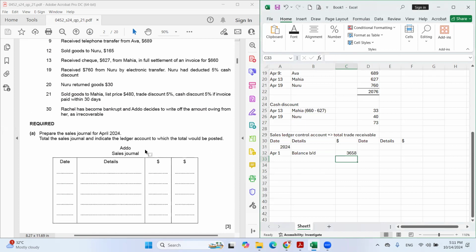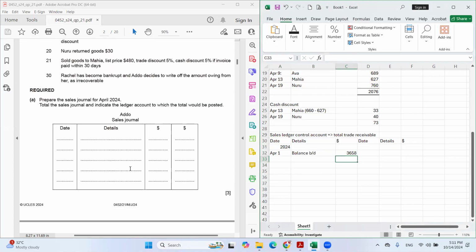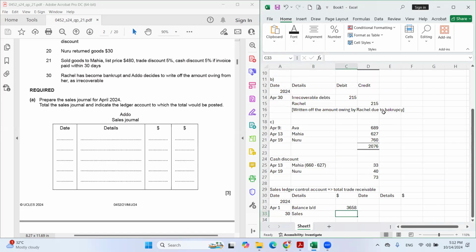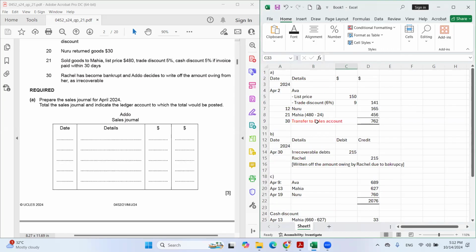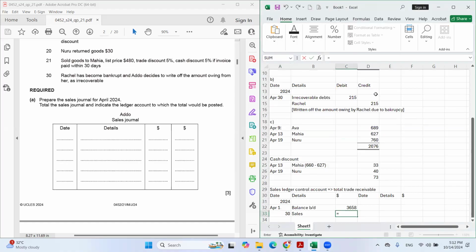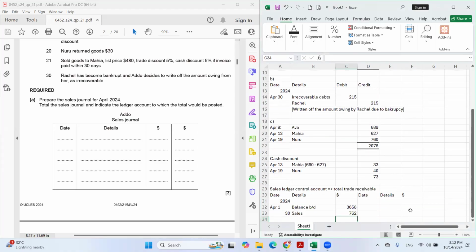That means the sales journal amount that you got is your total sales. The date must be the last day, which is your total sales, which you have already calculated, this amount, 762.